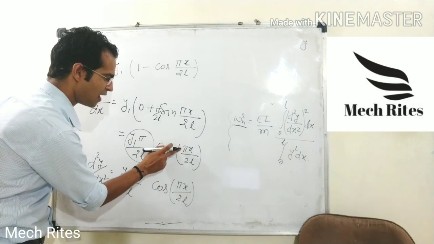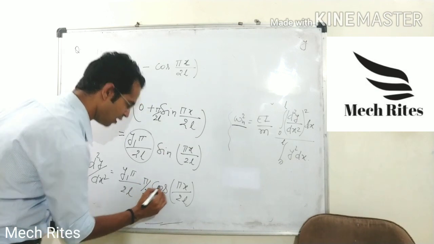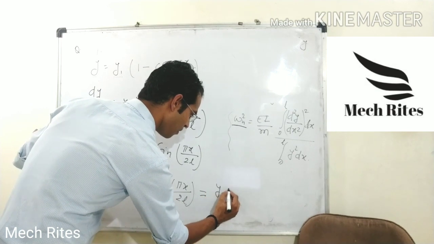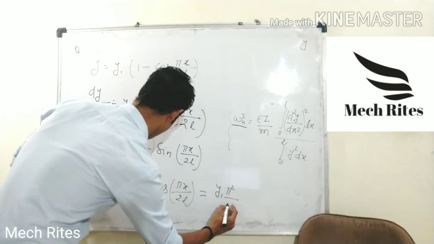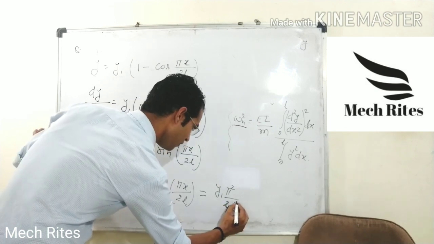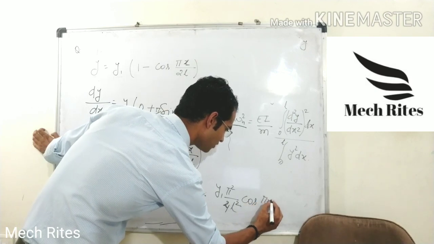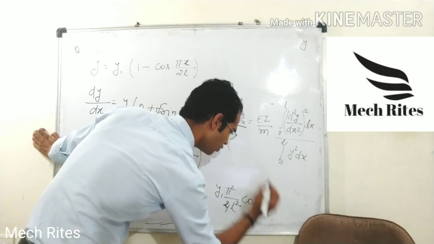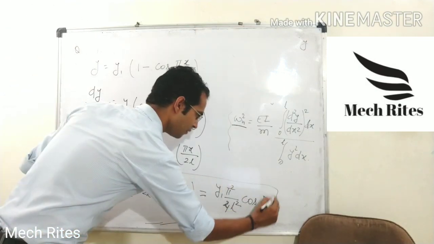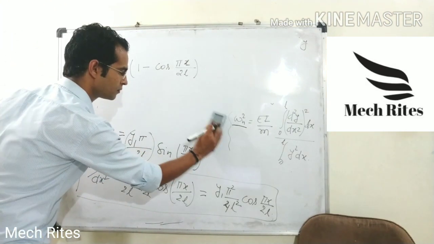Since x is multiplied with pi by 12, I will multiply by pi by 12 here. So the final answer will be y1 pi square by 4L square cos(pi x by 12). So it is our useful data. I am not going to rub it. The rest I am going to rub.